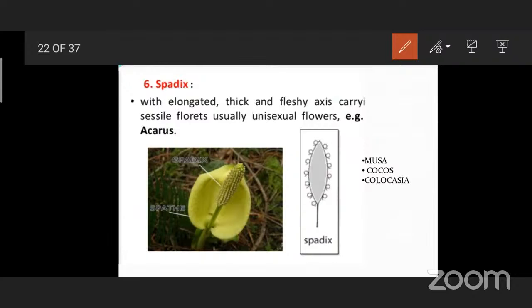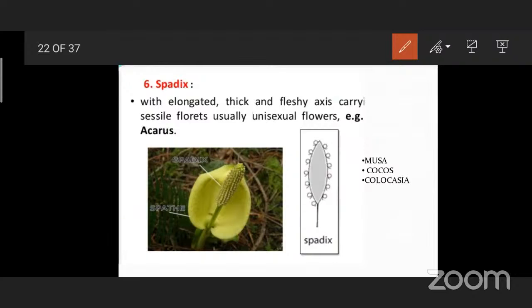Okay, these are 6 types of simple racemose inflorescence. Again, a recap. What is the racemose inflorescence? Inflorescence is divided into 2 types: racemose inflorescence and cymose inflorescence.